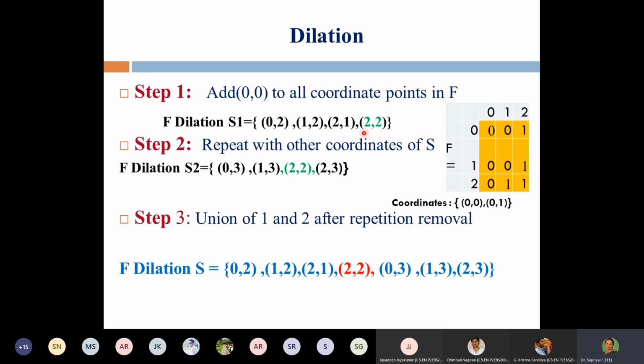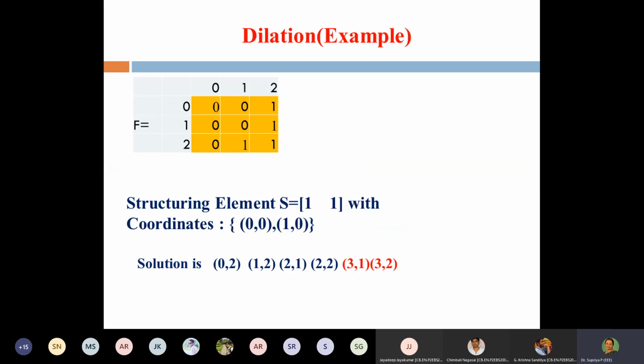Removal means we will write it only once, not twice. So actually we would expect 8 elements in the union, but we get only 7, because 2, 2 is a common element, appearing in both S1 and S2, the coordinate sets of S1 and S2.